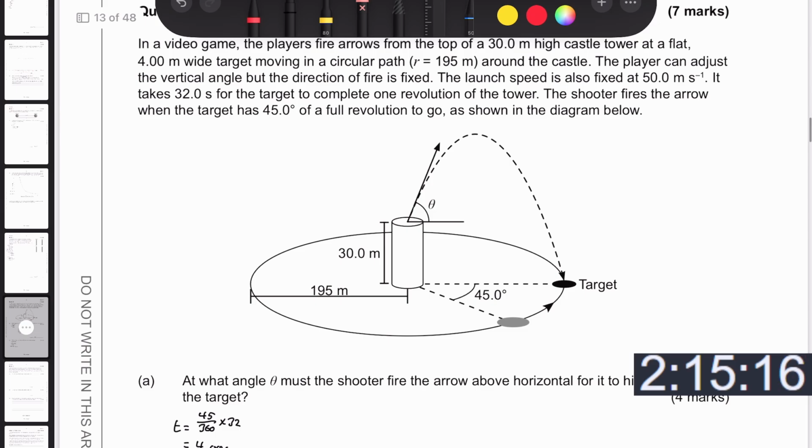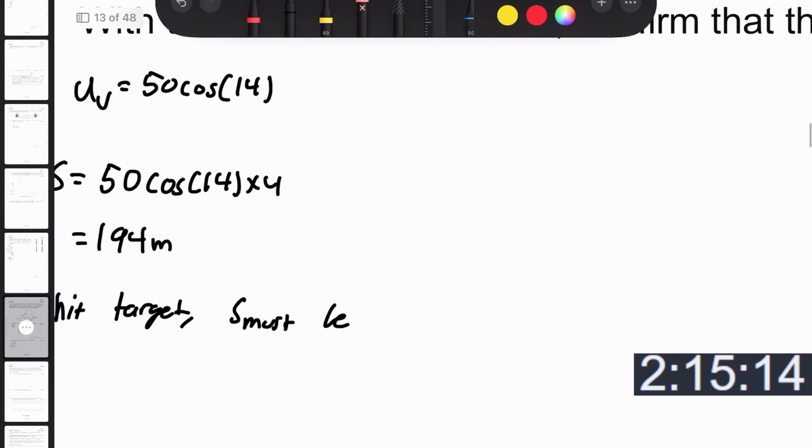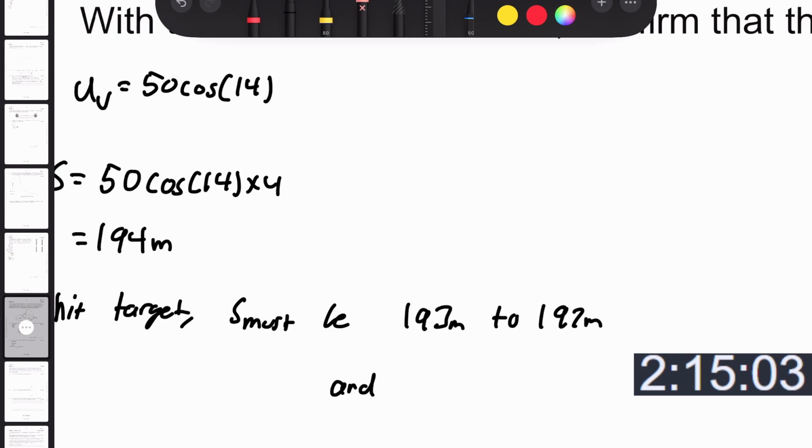Because that's 195 and it's 4 meters wide, so it can actually be 2 meters on either side. So 193 meters to 197 meters. 193 is less than 194, which is less than 197, therefore it hits the target.